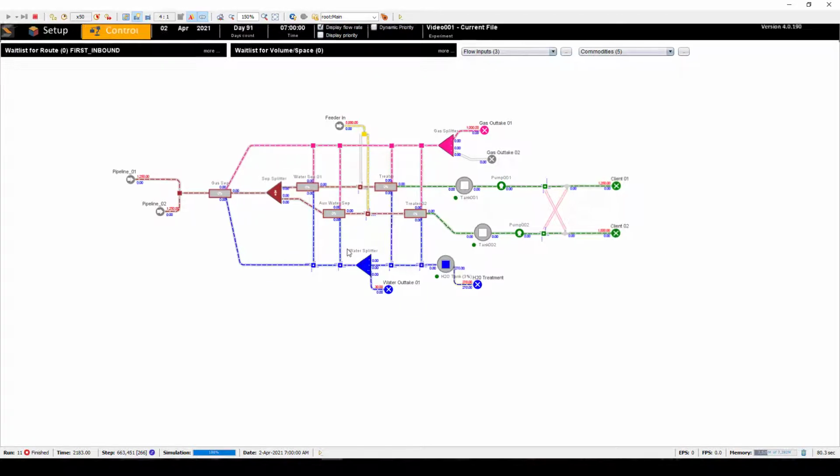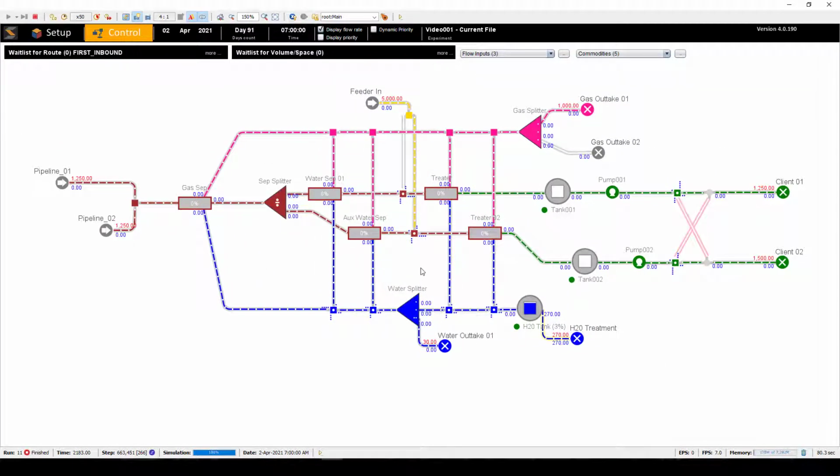However, in an instance where maybe we don't have the ability to configure another water outtake anywhere along these lines, we do have the ability to tweak our existing infrastructure and increase the capacity of the water treatment facility from 270 barrels per hour to 300.